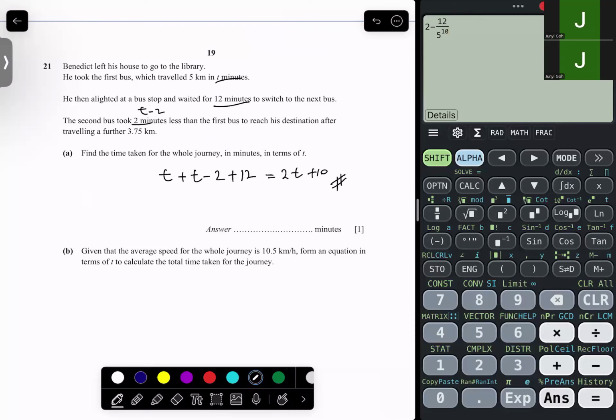Given that the average speed of the whole journey was 10.5, form an equation in terms of T to calculate the total time of the journey.